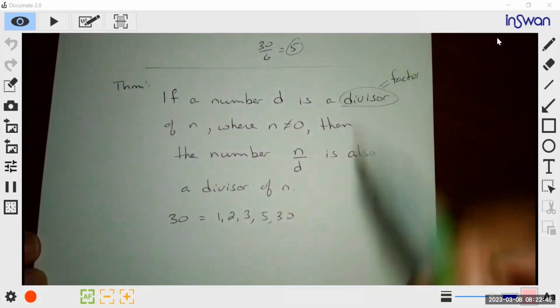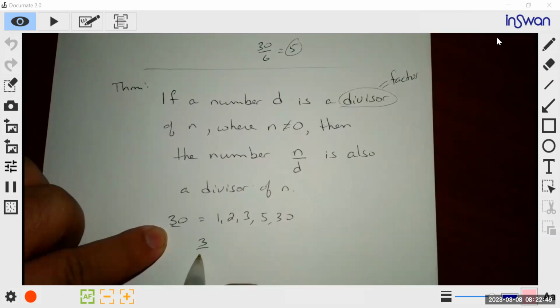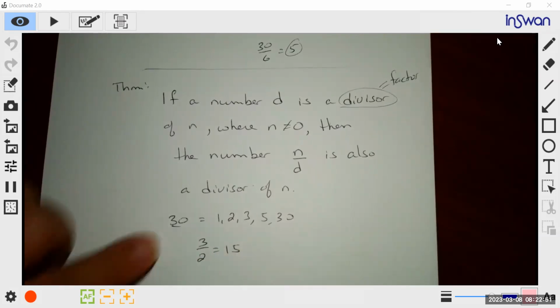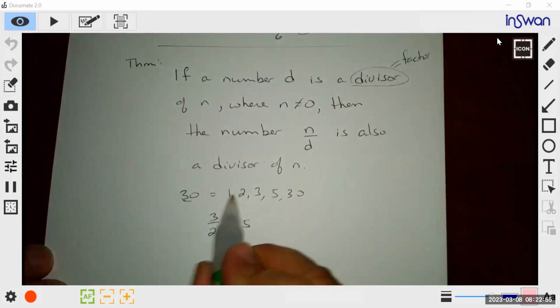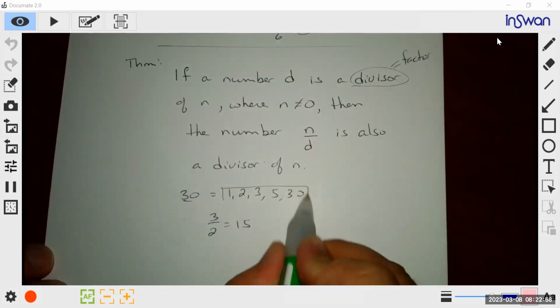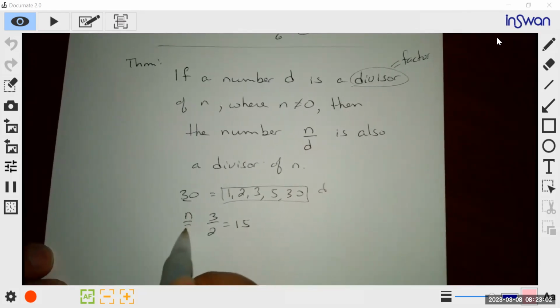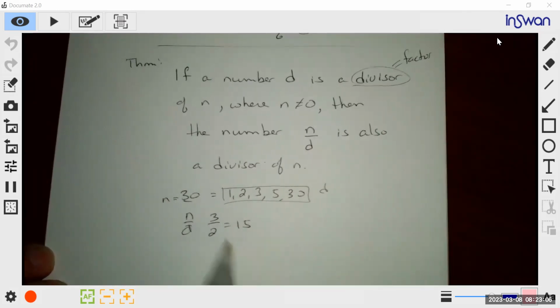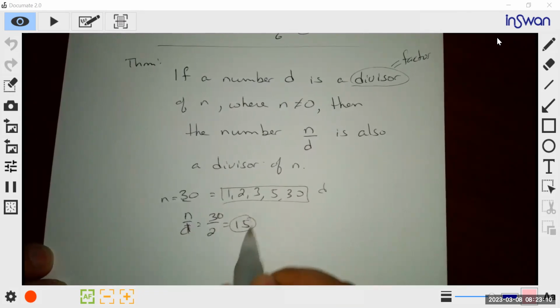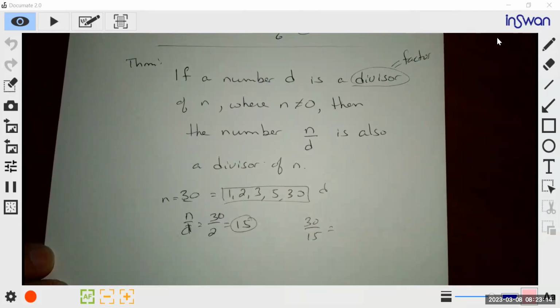So as we did up here, here's a number, 30 divided by 2 is 15. This is the n over d. Since these are all divisors, these are all d's. N over d, this is n. These are my d's. So 30 divided by 2 is 15. That means 15 is also a divisor of 30.